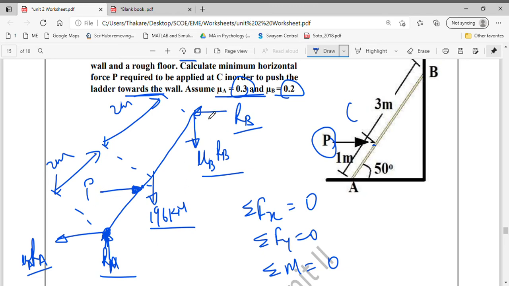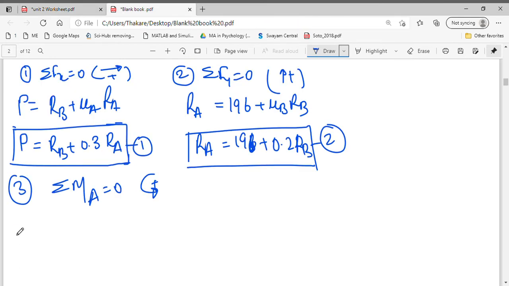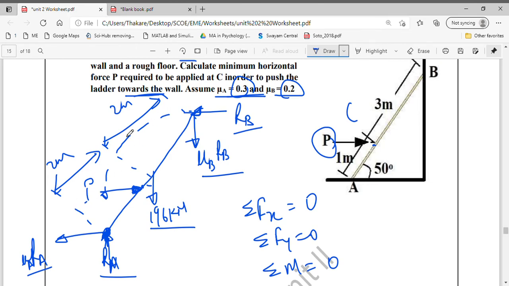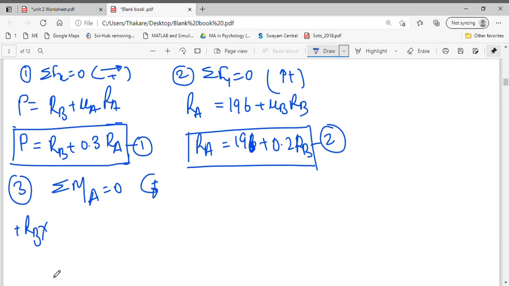So Rb force will be going in anti-clockwise direction, so that will be positive Rb. So plus load into the perpendicular distance, it is 4, and its vertical distance will be sin 50. This is a right angle triangle, this is adjacent, so adjacent will be 4 cos 50 and opposite will be 4 sin 50. So the perpendicular distance from Rb to A will be 4 sin 50.